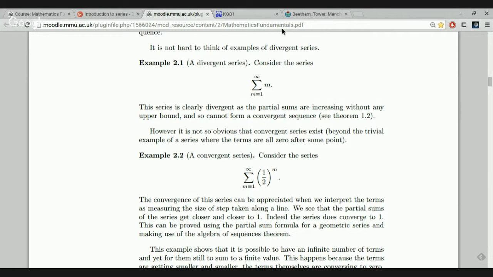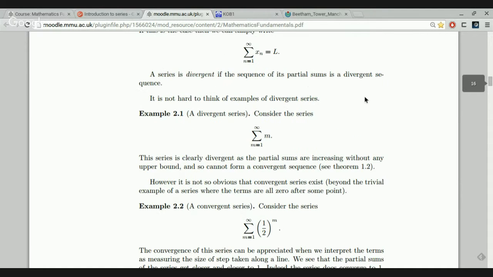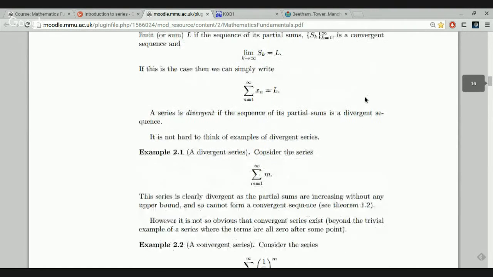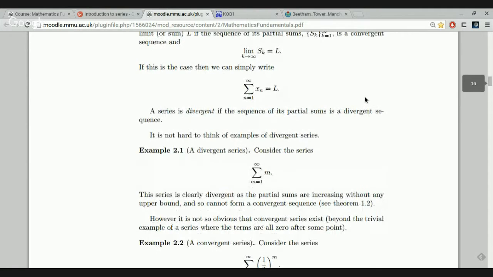a very familiar series, just adding up all the elements n, from n equals 1, n equals 2, n equals 3, and so on. So that's example 2.1. It's the series that begins 1 plus 2 plus 3 plus 4 plus 5 plus 6.